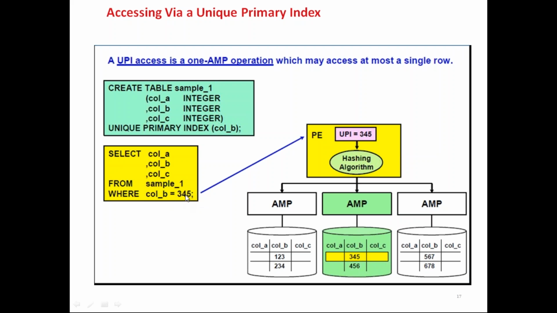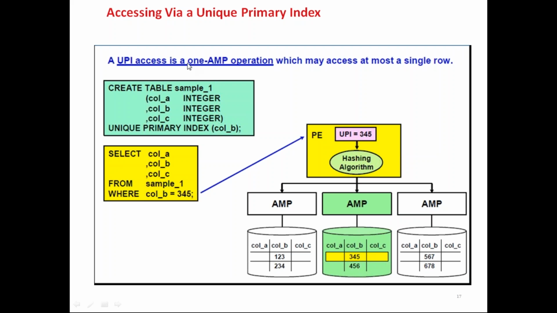Okay, so this value will be given to the hash algorithm again to hash it, and that hash value was already generated at the time of insertion of the data, so it knows in which AMP all these rows are stored. So it can jump to that particular AMP, get the data of all the rows which have the same primary index value and retrieve the answer set.